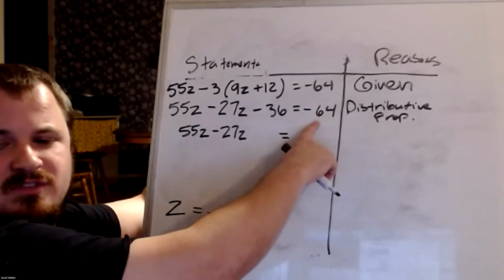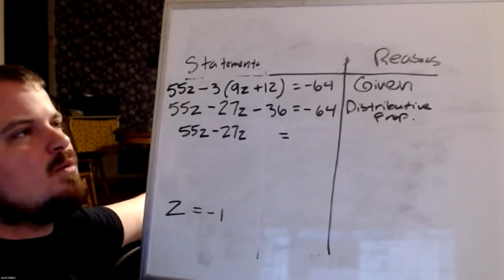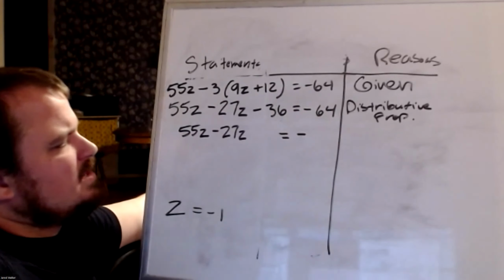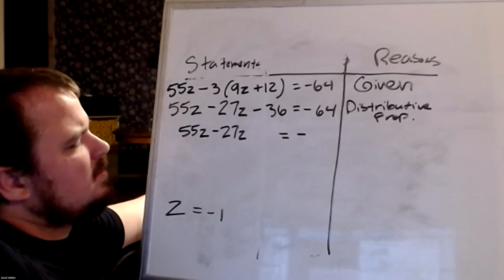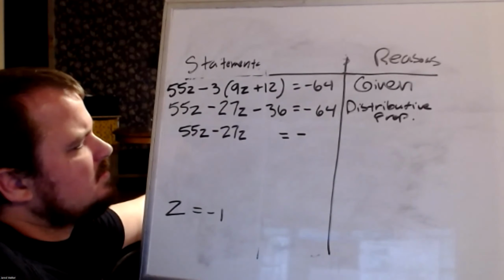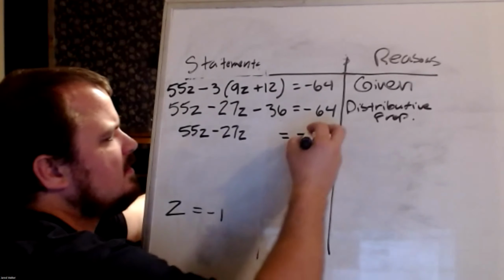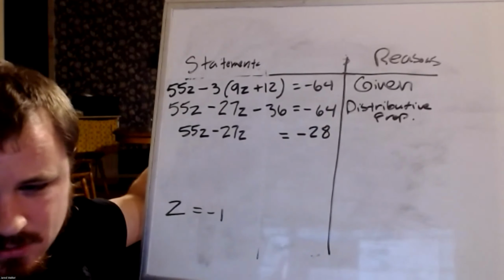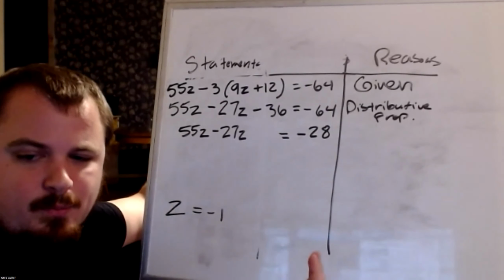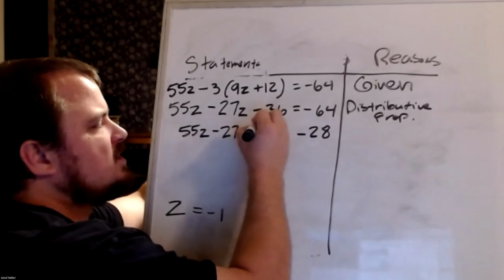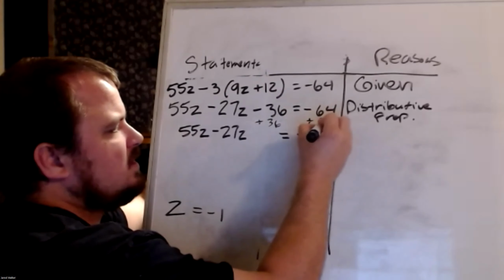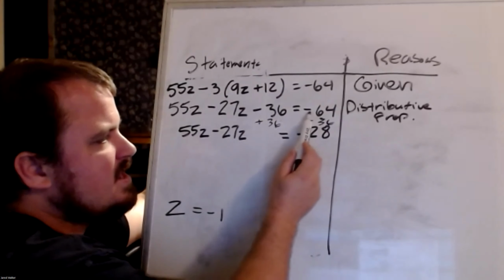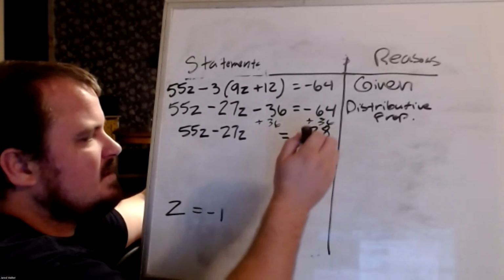And if you do negative 64 plus 36, that will leave us with negative 28. Okay. So I'm going to write something here that I'll erase, but what this would have looked like if you were working out the problem, not explaining these steps, you'll go plus 36 plus 36. You see that? So plus 36 cancels out that negative 36. And then negative 64 plus 36 gets us to negative 28.